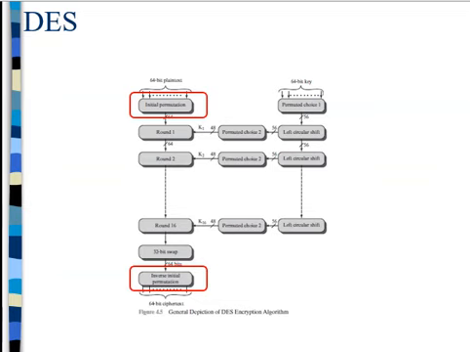And here in this slide, you can see the general description of this encryption algorithm. On the left side, you can see in the red boxes that we have the initial permutation IP, and at the end of this algorithm we have the inverse IP, which yields some more permutation in this algorithm.